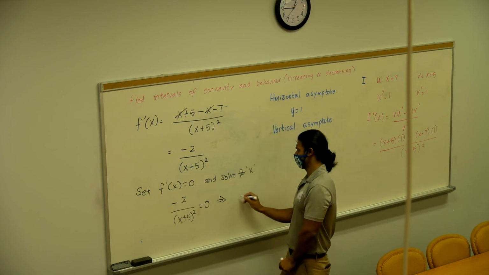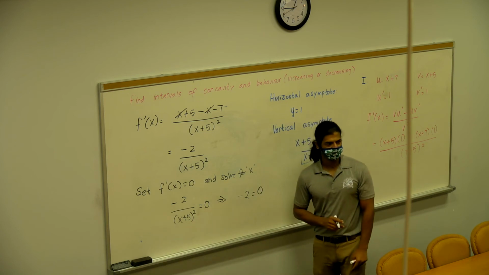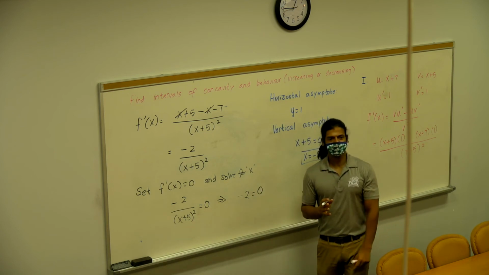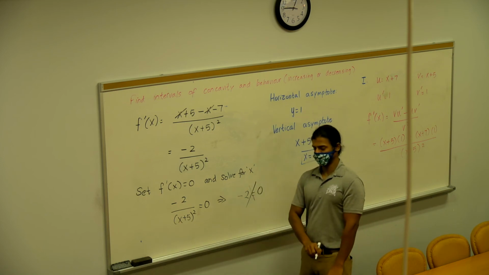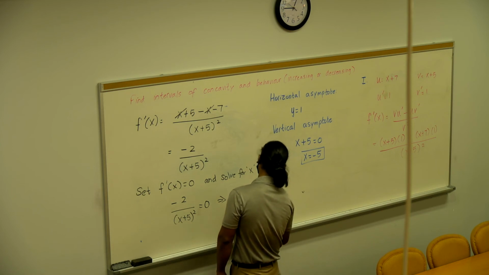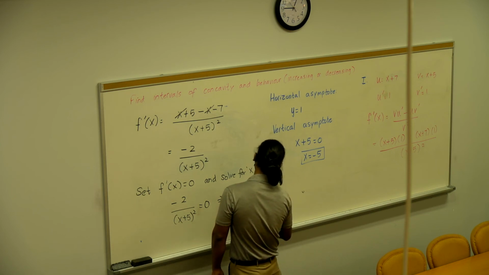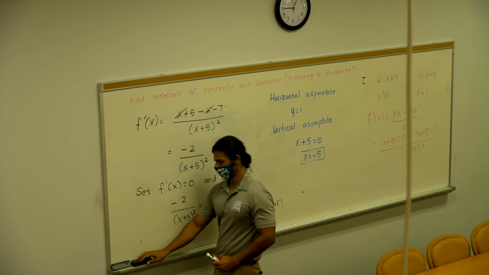If I did that, I would end up getting negative 2 is equal to 0. Is that a valid statement? No, not in this world. So that can't happen. There is no critical value.